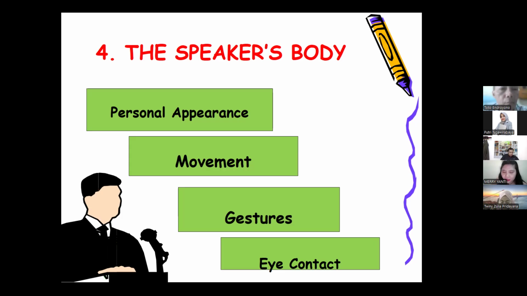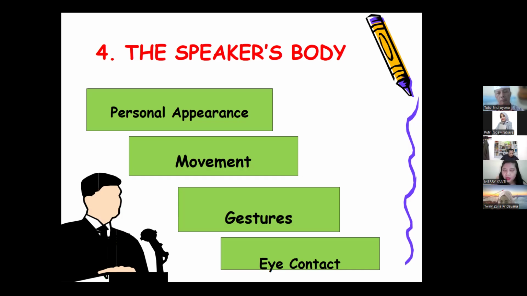Okay, gesture. Gesture is moving your hands, your arms, or your head to illustrate ideas or emphasis. For example, using open hands to show honesty or spreading your arms to show something is big.